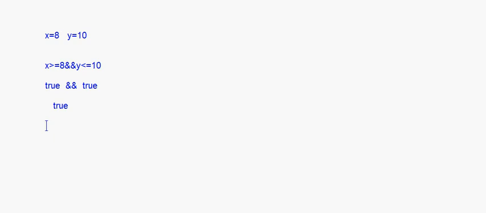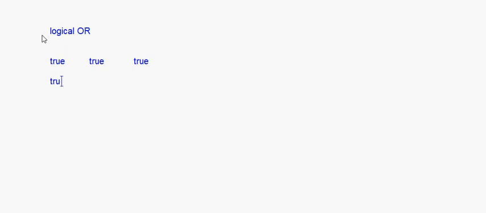Now let's see the logical OR. In a logical OR, the truth table is like this: true or true, that is true, fine. True or false is also true.